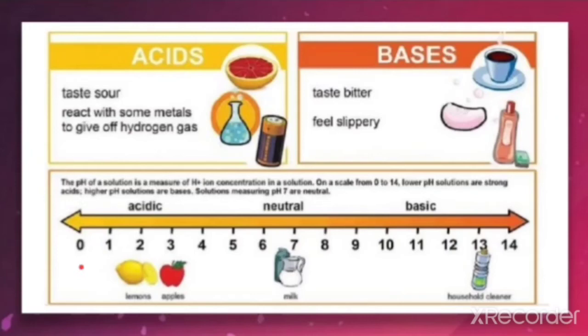If the pH value is less than 7, it is called acidic. If it is more than 7, it is called basic. If it is equal to 7, then it is neutral. So this is the comparative study between acids and bases.